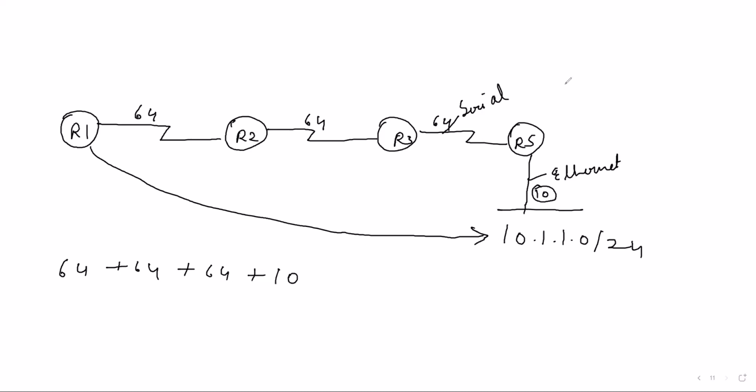So OSPF uses it like this: 64 plus 64 is 128, plus 64 is 192, plus 10 is 202. This is the total cost.